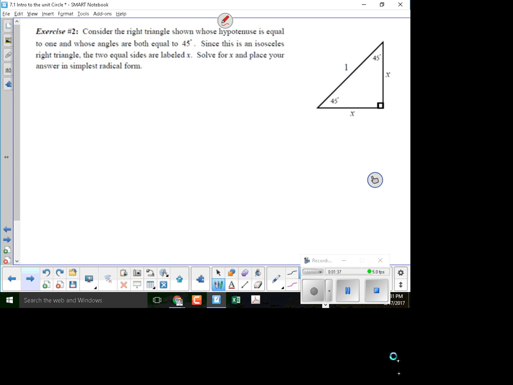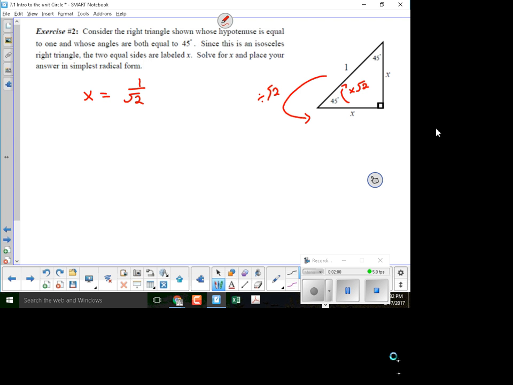Rad 2. So, if we're multiplying by rad 2 to get from the leg to the hypotenuse, how do we get from the hypotenuse to the leg? Yep, divide by square root of 2. So, we know that x is going to be equal to the hypotenuse divided by the square root of 2.